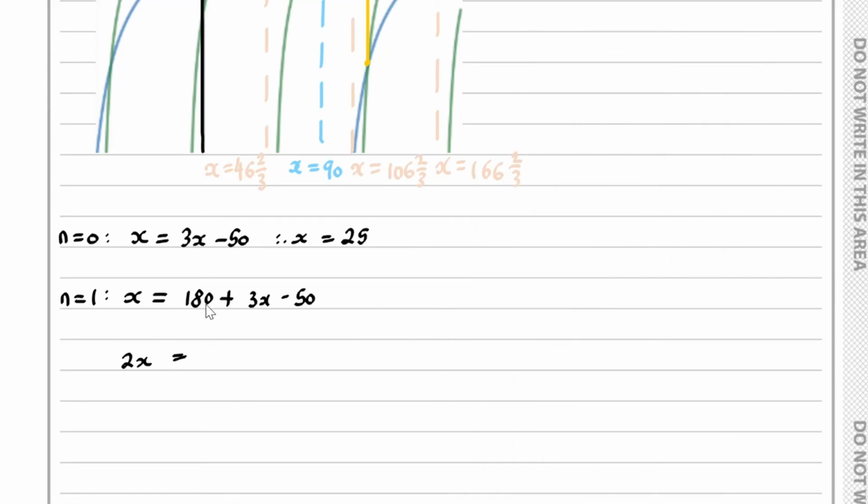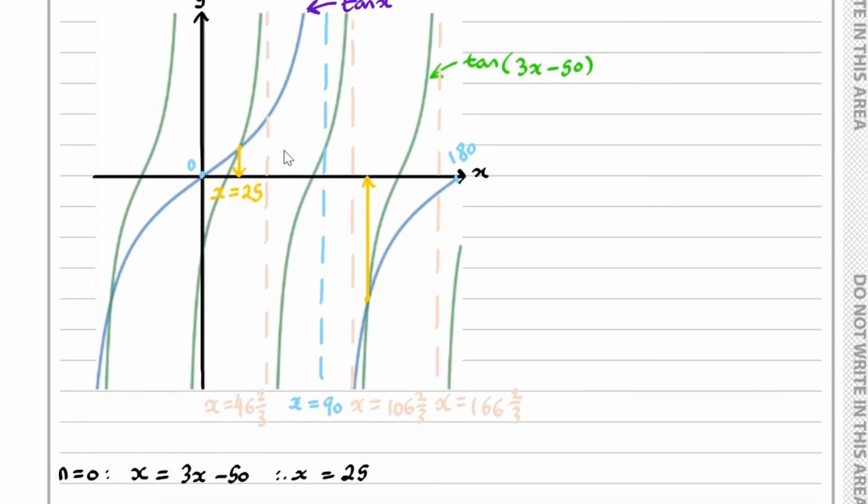Taking that to the other side, we get minus 130. So therefore x is equal to minus 65. That minus 65 corresponds to this over here. Okay, so here we get minus 65. And we don't want that because it's not in the required range.